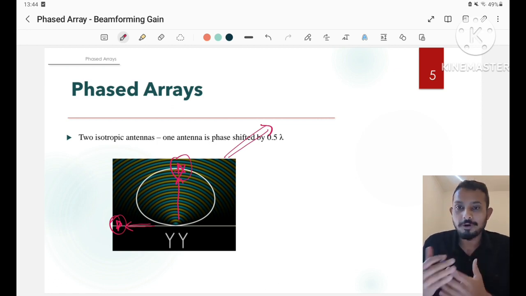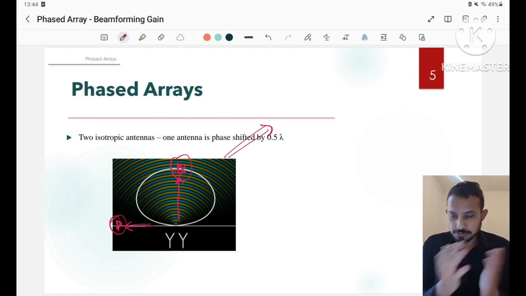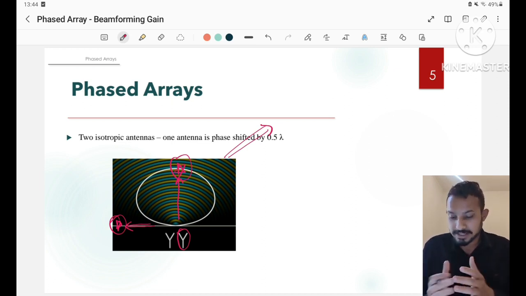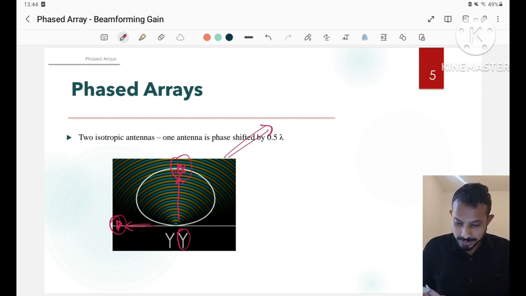Now suppose one of the antennas is phase shifted by half a wavelength with respect to the other. That means this antenna is phase shifted by λ/2 with respect to the first antenna. Now the two antennas are sending the same signal completely out of phase.